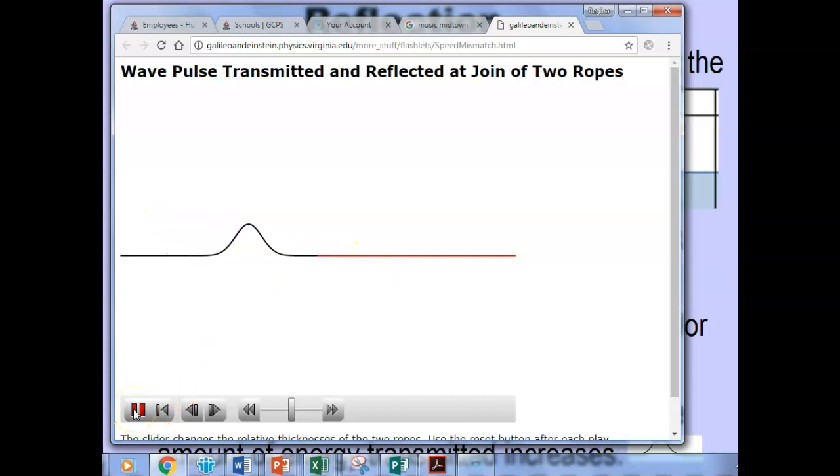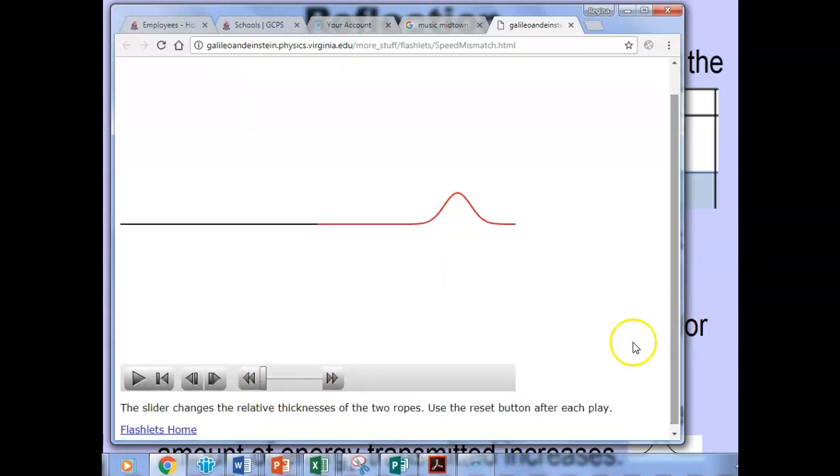So we see the energy is transmitted. But now, let's change the thickness. Okay, so here we see the medium that it's about to hit is much denser.